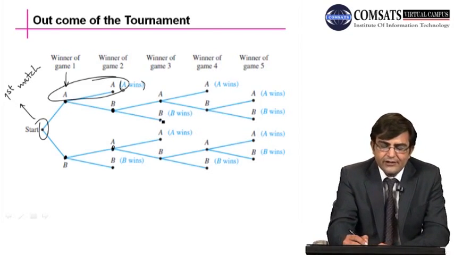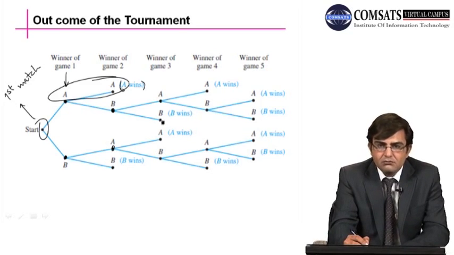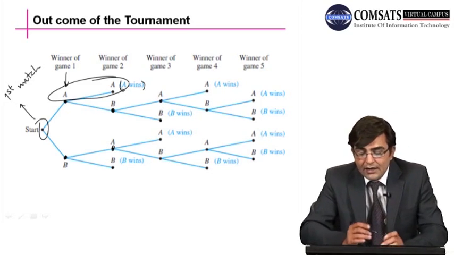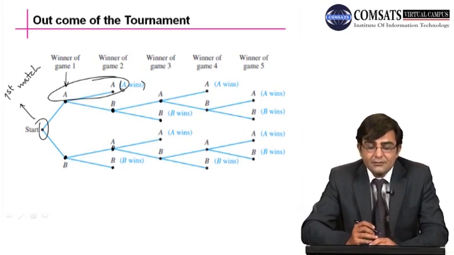If this is not the case, B is not the winner, then A will be the winner of game 3.